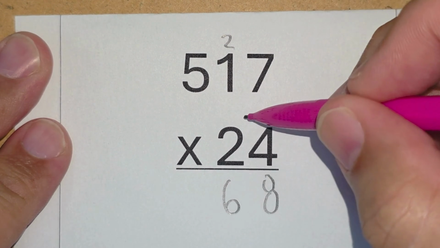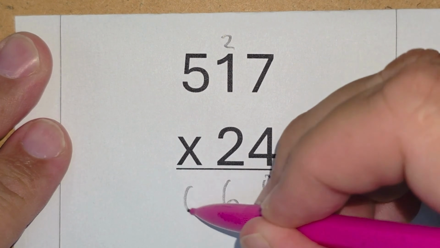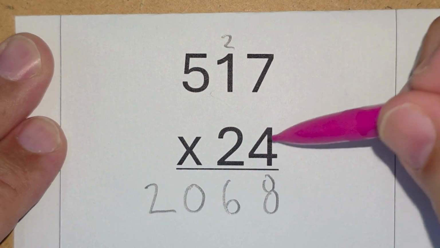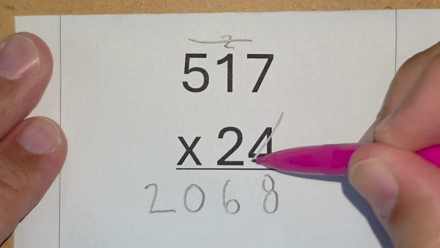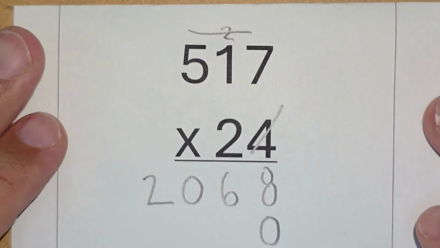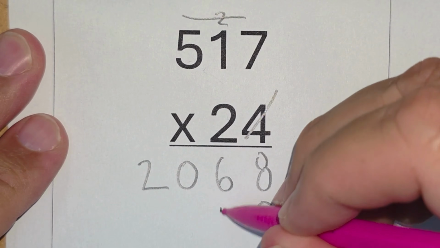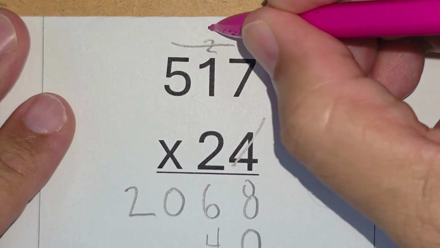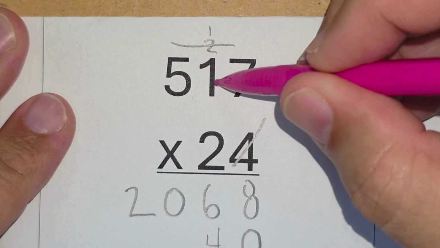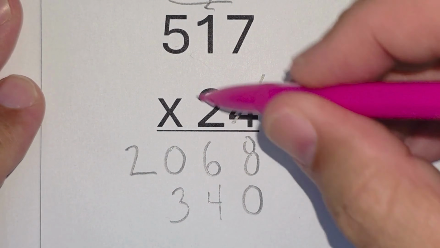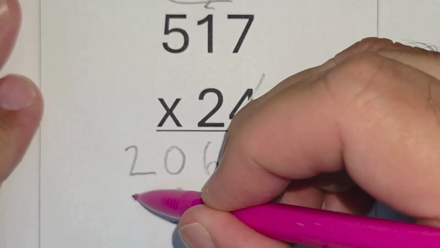And then 4 times 5 is 20. 4 has now multiplied by everything here, so I'm done with that. Tick, tack, 0. Now I have 2 times 7. 2 times 7 is 14. I'm going to carry my 1. 2 times 1 is 2, plus 1 is 3. And then 2 times 5 is 10.